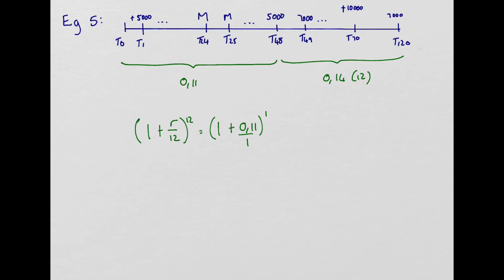So we're going to get r over 12 on the left-hand side. And then we're going to get the 12th root of 1 plus 0.11. To that we subtract 1. And then lastly, multiply the whole thing on the right-hand side by 12.